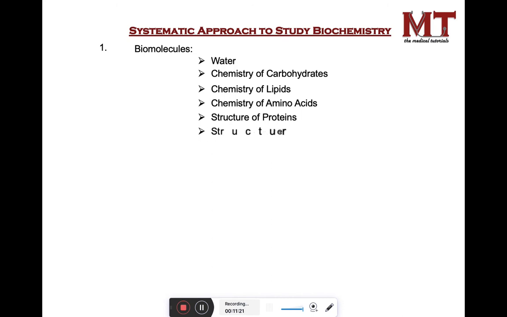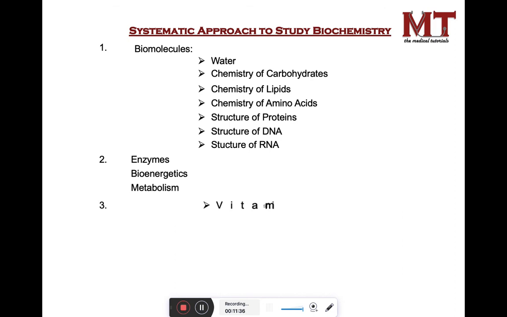After that, we study about the structure of DNA, the structure of RNA. After having acquired a good knowledge of the biomolecules, we study the enzymes, the bioenergetics, and the metabolism. And then we study the vitamins and minerals.